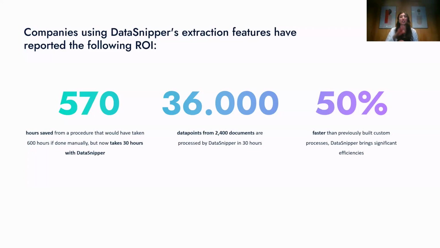Under the customer section, you will see this case study. They were able to process 36,000 data points from 2,400 documents with Data Snipper in 30 hours. Compared to the previously built custom processes that they have, Data Snipper was able to perform this procedure 50% faster, which brings them significant efficiencies.